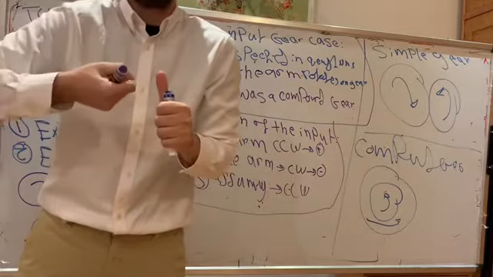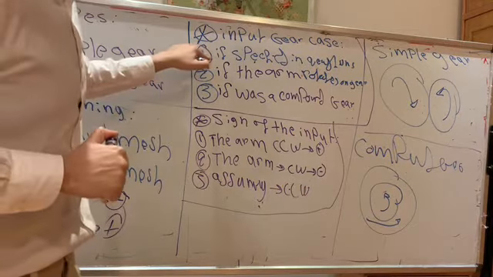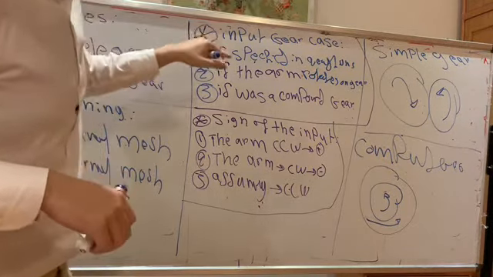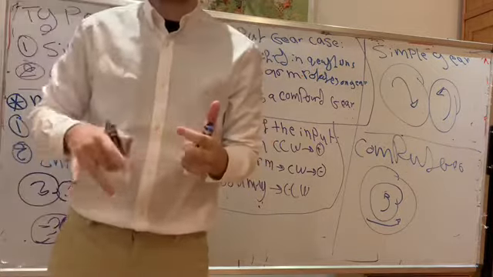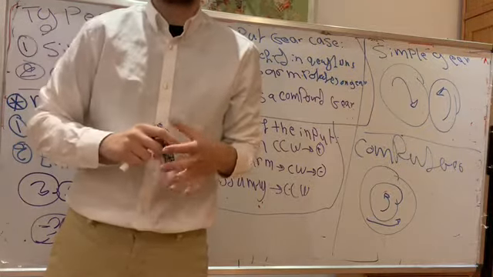The first thing, if I want to find the input gear, if it's specified in the question, for example gear A is the input gear and it rotates counterclockwise, then that's the input gear.